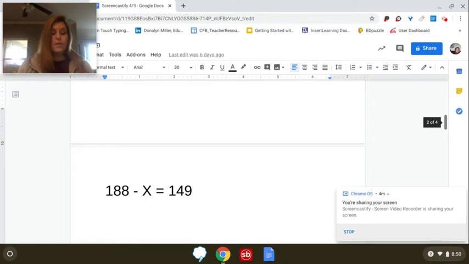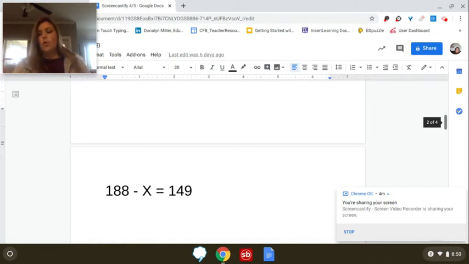Since we don't know what that number is, we call it a variable. And all the word variable means is that we don't know what that number is, and that it could be any number that's out there on the number line. It could vary. And since we don't know what that number is, we can't give it a value. We can't put a number in its place yet. So the word variable comes from the word vary.